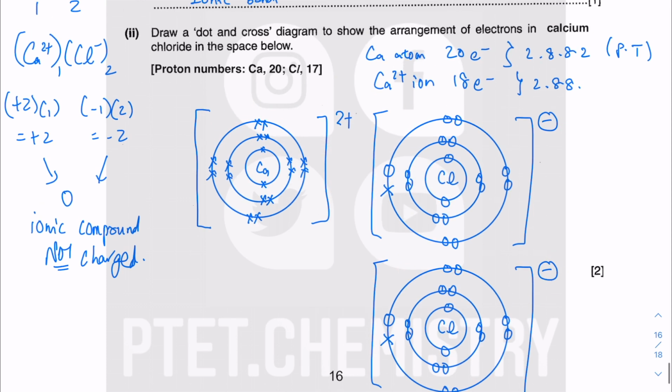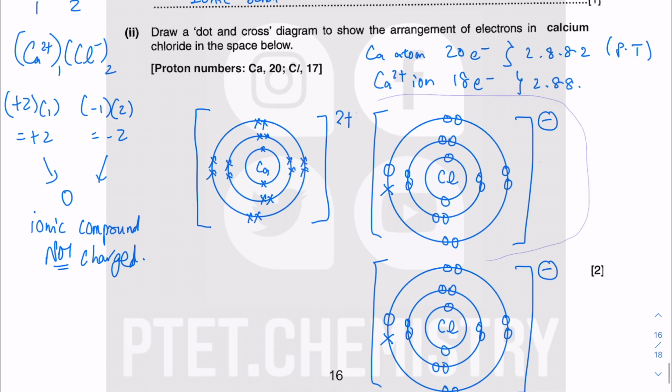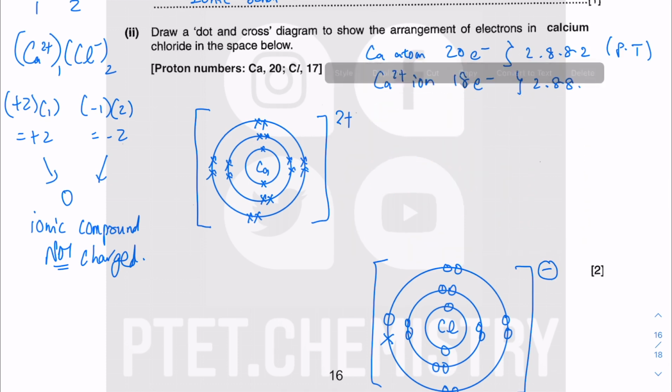Each of these are ions. Or if you don't want to draw them again, you gotta show specifically that the anion must be multiplied by 2. Such as if I cancel this out, then I will say times 2 times 1. So that means 1 of these with 2 of these.